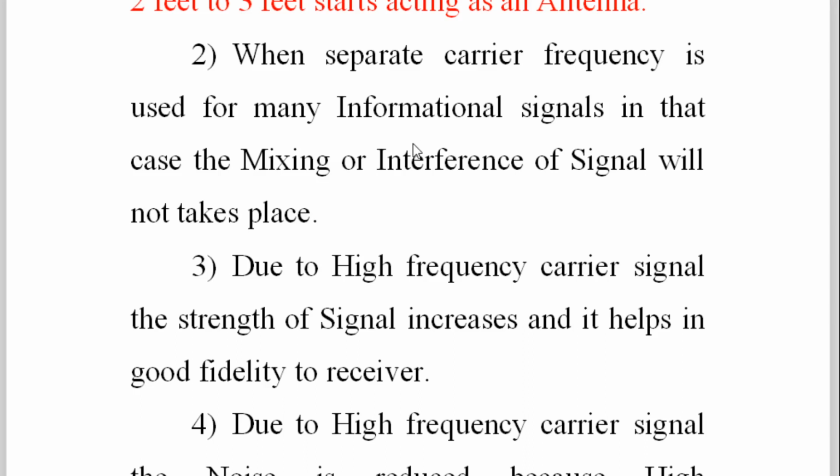Also, the carrier signal is always a high frequency signal, and we use it because its lambda is in centimeter. So in this way, due to the high frequency carrier signal, the strength of the signal increases, and it helps give good fidelity at the receiver.